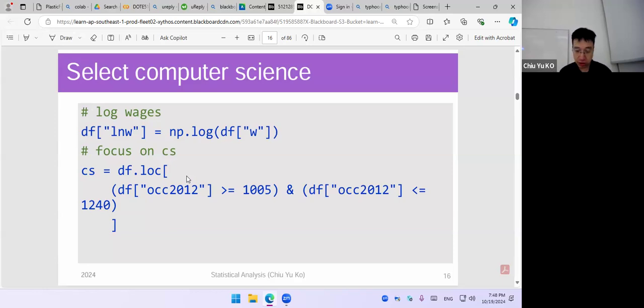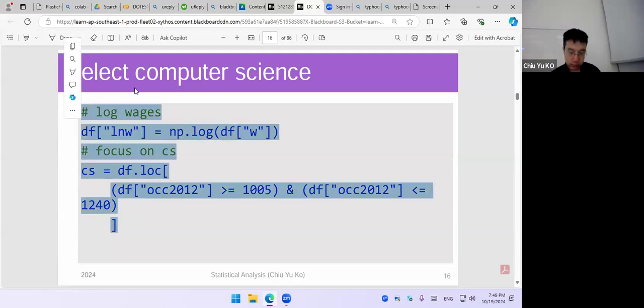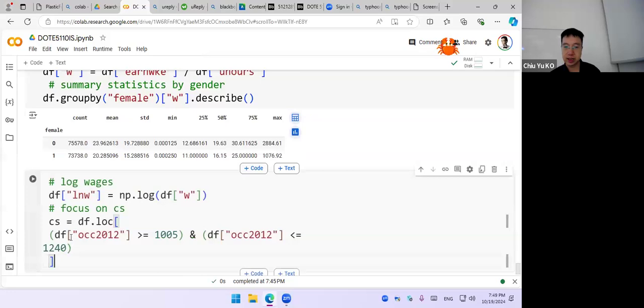According to the data menu, as long as the occupation is between 1005 and 1240, then it's computer science. It's a lot of jobs, but it's a 4-digit code that decides what the job is. We just keep it, and LOC means we select those observations. So now we are focusing on the computer science jobs.